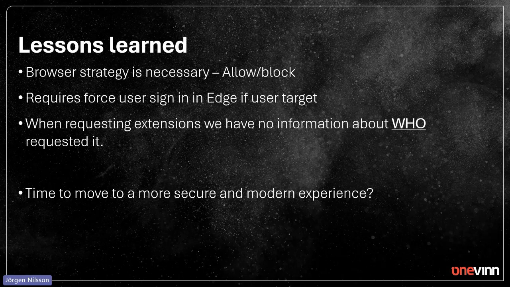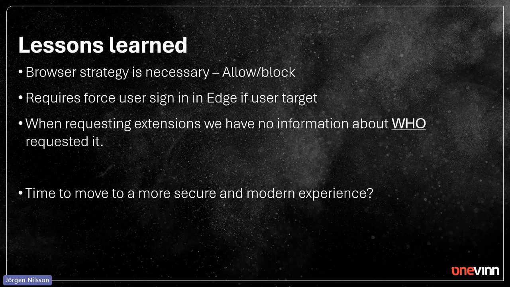And I hope the whole enterprise AI with the AppLocker policy will give you an example on how you can use AppLocker to enforce your browser strategy. And everyone needs a browser strategy today in the world of AI and extensions and threats, and Edge and browsers are our primary application, basically.